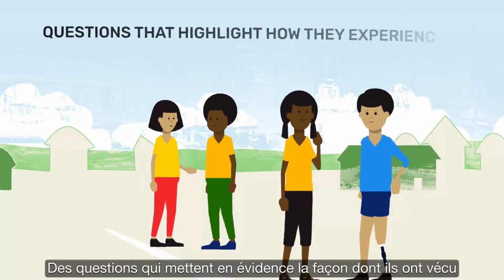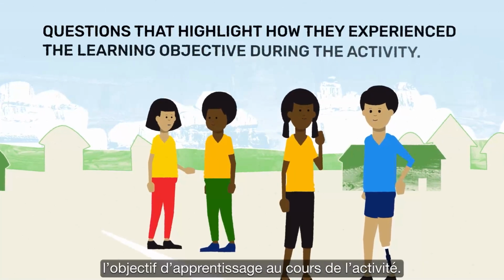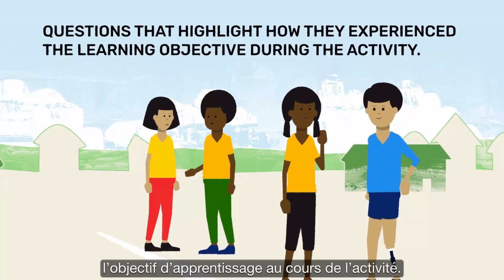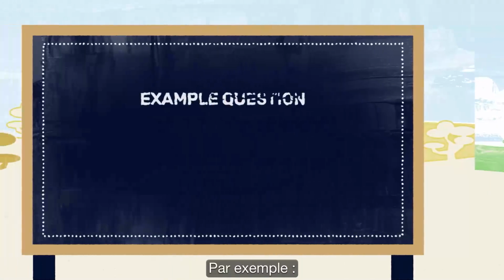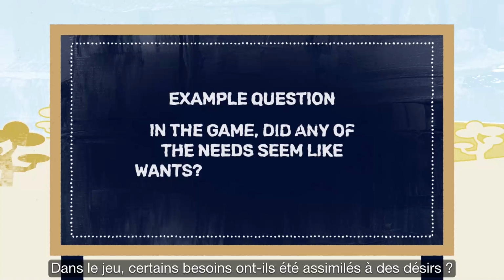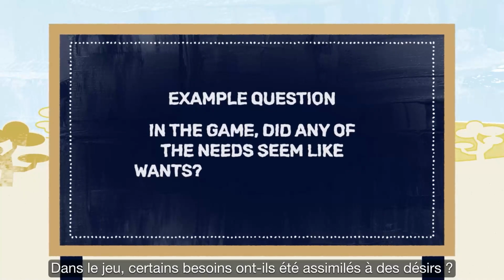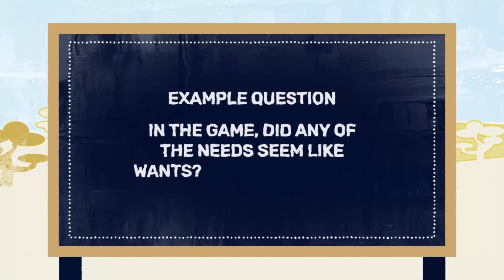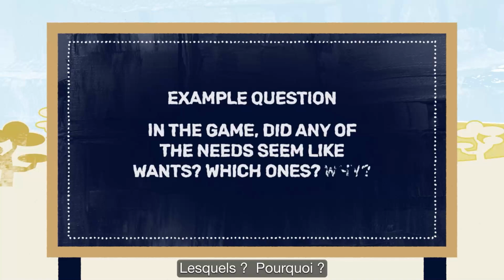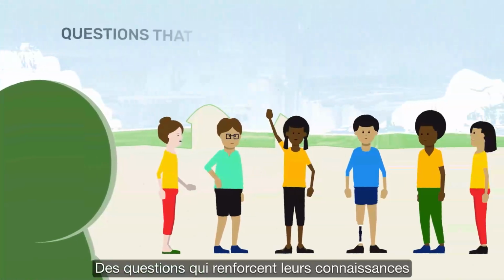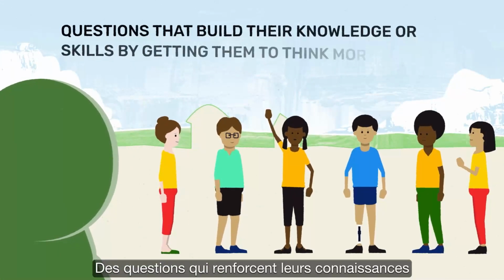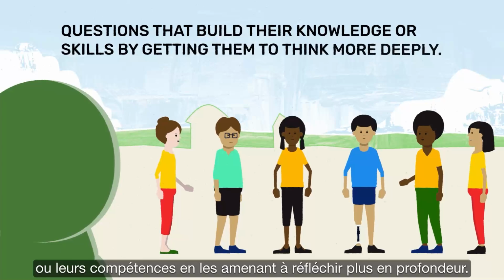Ask questions that highlight how they experienced the learning objective during the activity. For example, in the game, did any of the needs seem like wants? Which ones? Why? Ask questions that build their knowledge or skills by getting them to think more deeply.